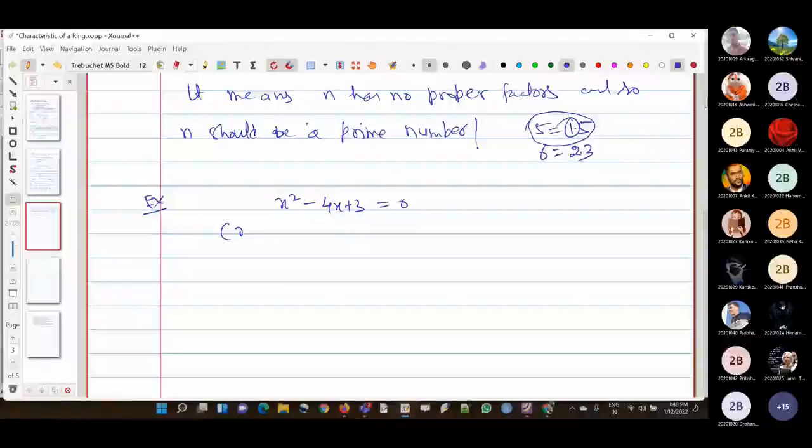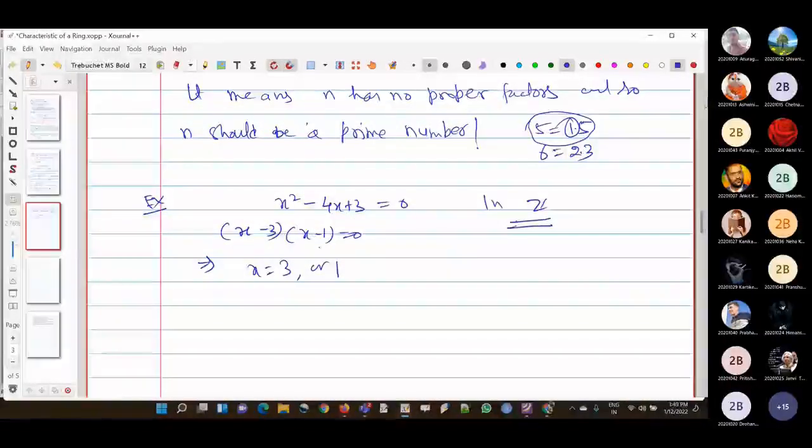What we used to do was factor it as x minus 3 and x minus 1 equals 0. We are in Z, the set of integers, so we used to say that x is 3 or x is 1, both values satisfying this equation.